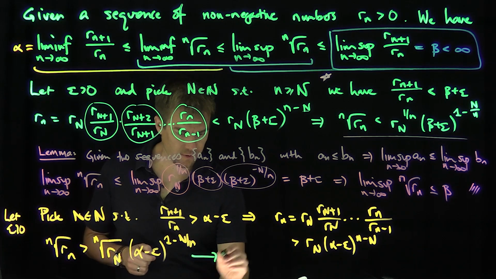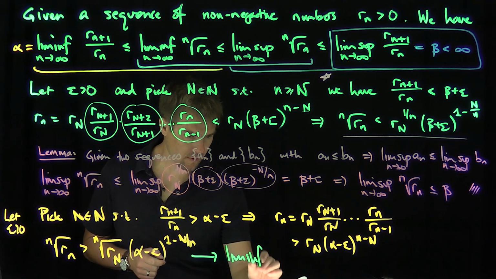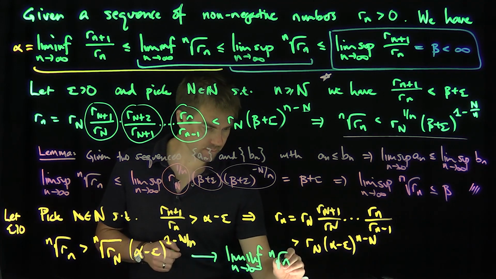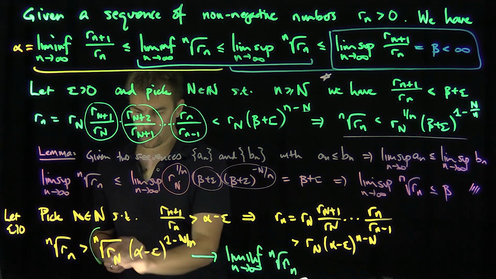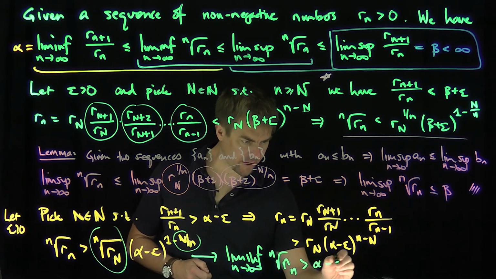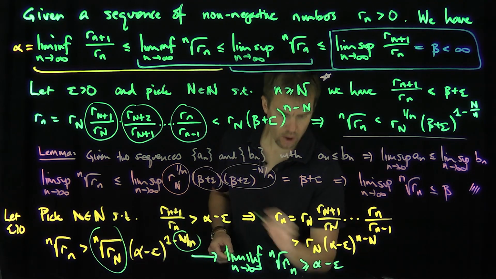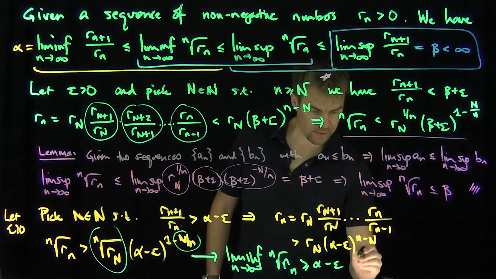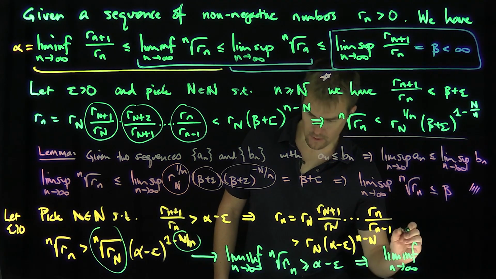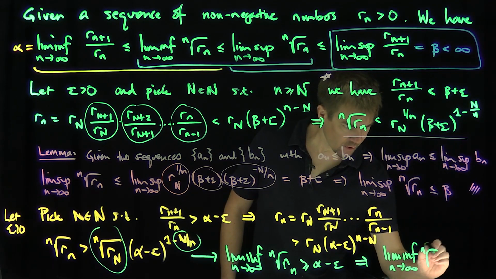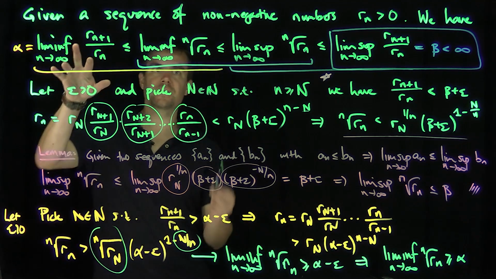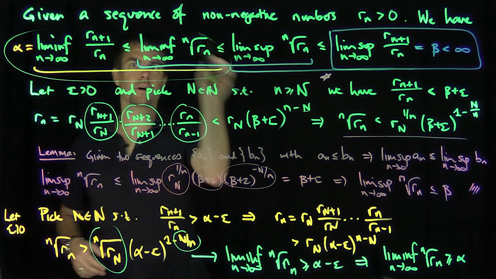So now I can say that the liminf as n goes to infinity of the nth root of R_n, that's going to go to 1, and then these terms over here are going to go to 1, is bigger than alpha minus epsilon, and that's true for all epsilon, and so that implies automatically that the liminf as n goes to infinity of the nth root of R_n is bigger than or equal to alpha over there. And since alpha is this liminf, we get this inequality over here for free.